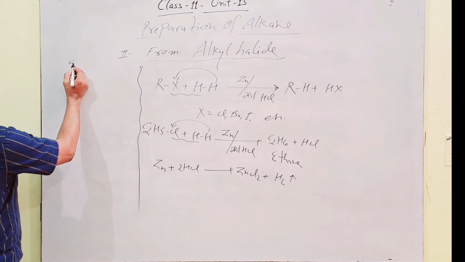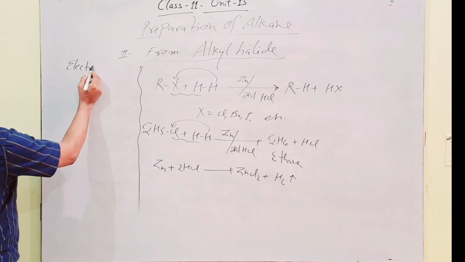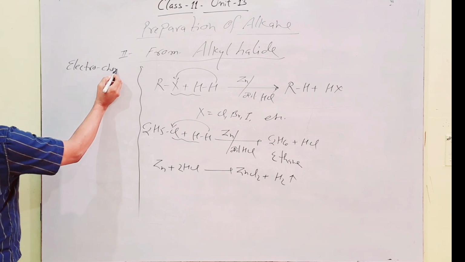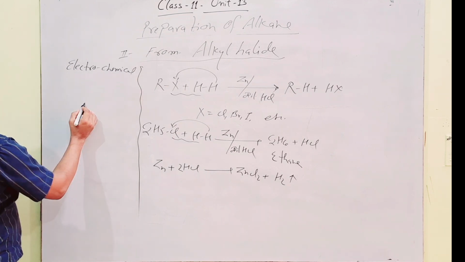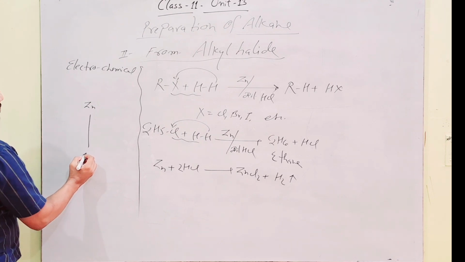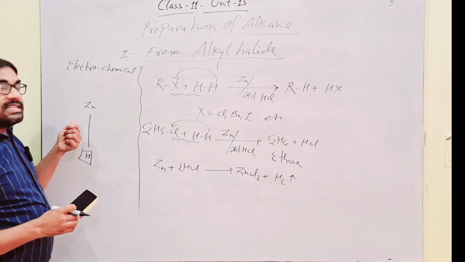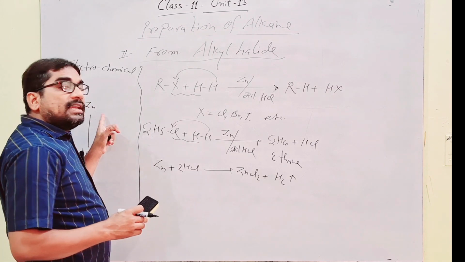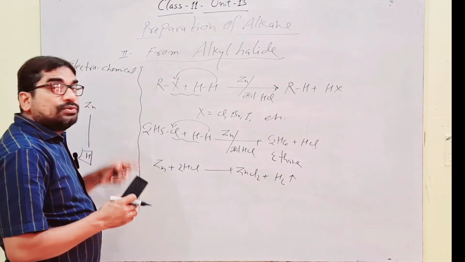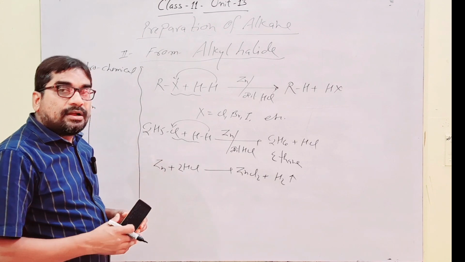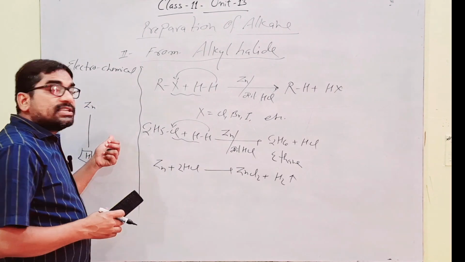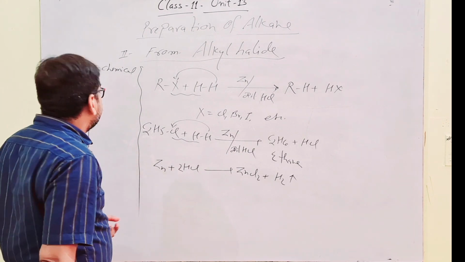You know, in the electrochemical series, the position of zinc is above hydrogen. जिंक की पोजीशन हाइड्रोजन से अबव होती है. That's why zinc has the ability to displace hydrogen from dilute acids like H2SO4, like HCl.